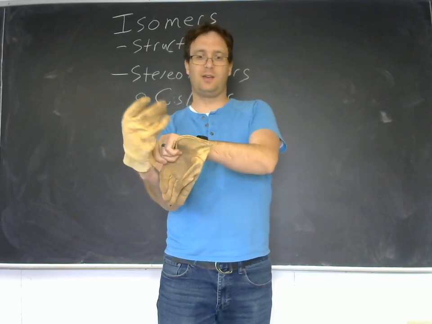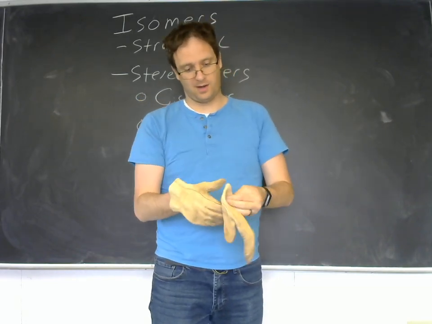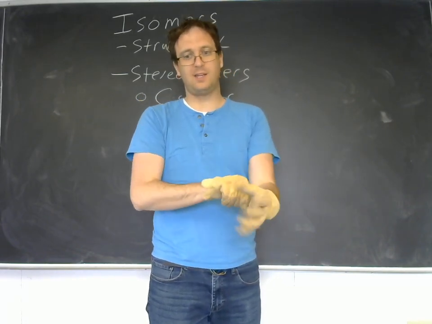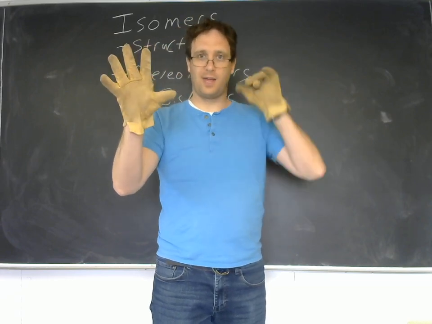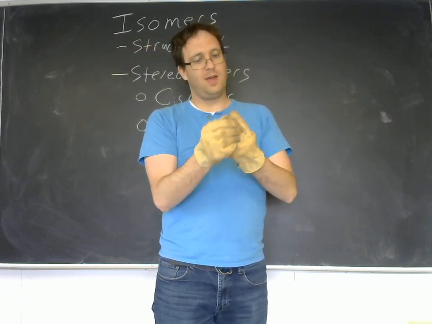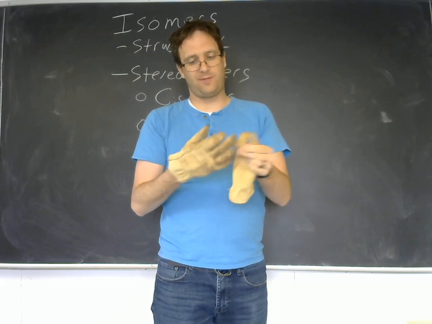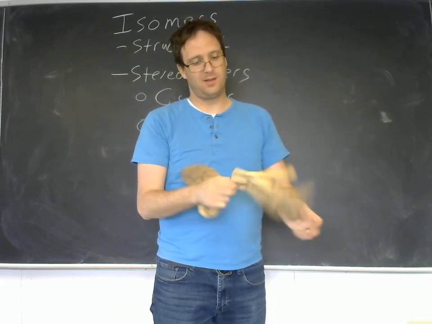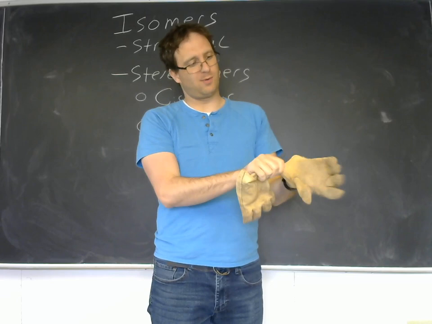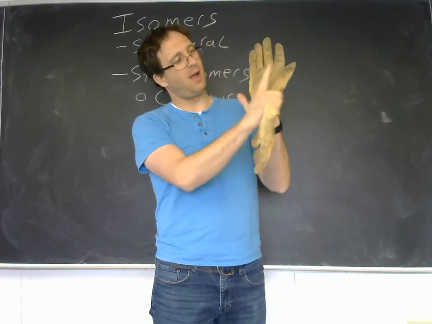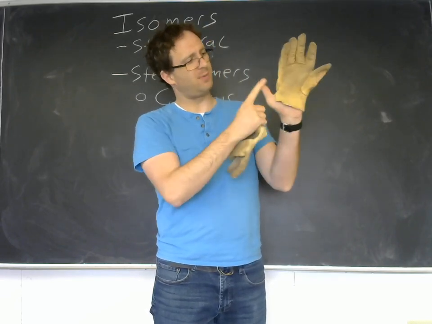Here is a pair of gloves, and they fit on my hands nicely. The right glove on the right hand, the left glove on the left hand. Well, if I switch the left glove to go onto my right hand, you can probably see that we're going to run into a bit of a problem. The thumb of the glove is here, but the thumb of my hand is there.